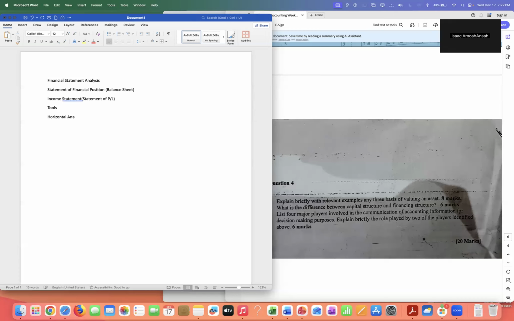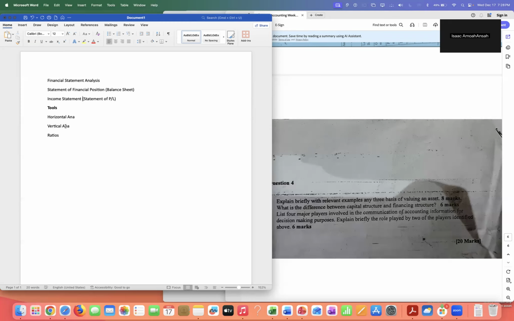We're going to use vertical analysis. And then the last one will be ratios. Okay. So with the use of these two statements, we are able to use these three tools to perform some kind of analysis. Right. Okay.